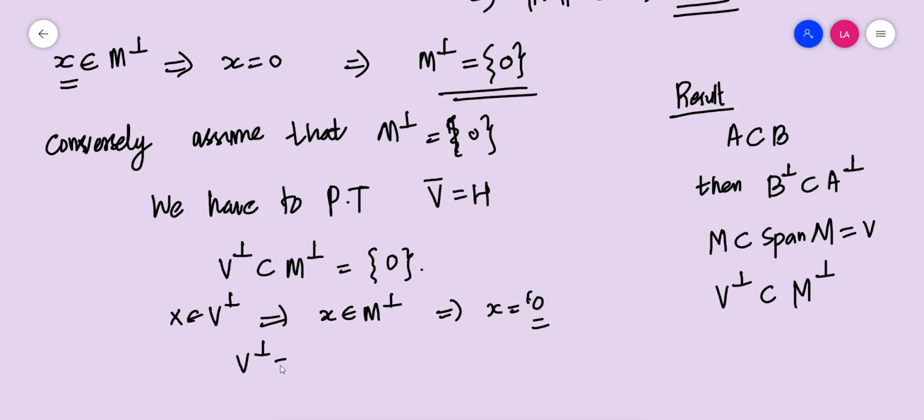So V perpendicular is actually equal to the set {0}, because M is a non-empty subspace, its span is non-empty, so its perpendicular should contain at least the 0 element, because the 0 element is contained in every space. So {0} is always a subset of V perpendicular, and V perpendicular is a subset of {0}, which implies V perpendicular is equal to {0}.